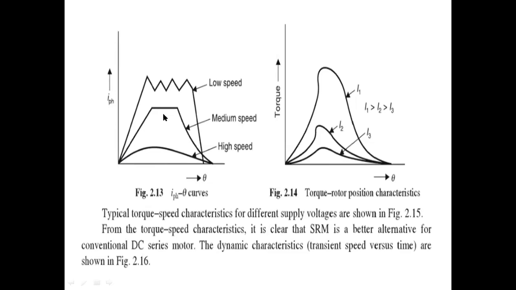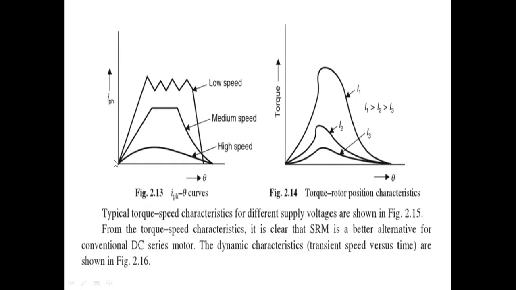Next, up to 90 degrees, it should have the same amplitude. Next, whenever the angle increases, there is a drop in the current value with respect to the rotor angle theta.